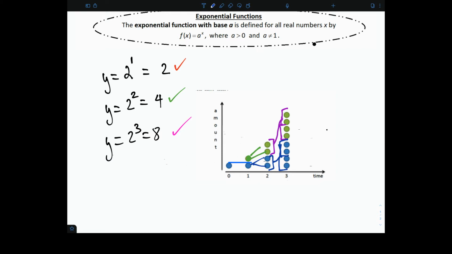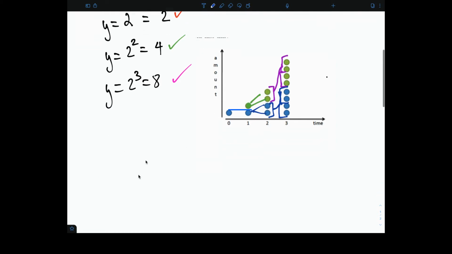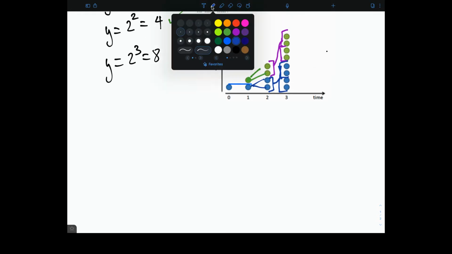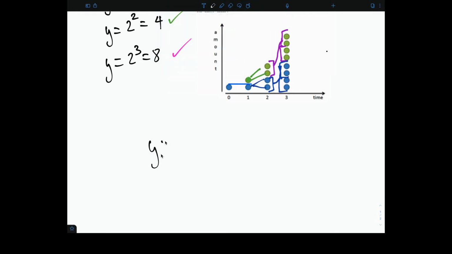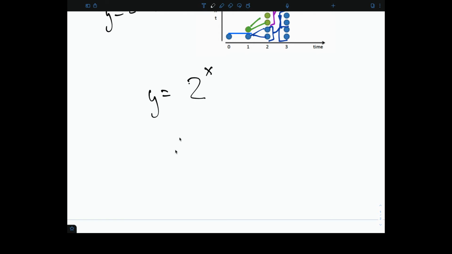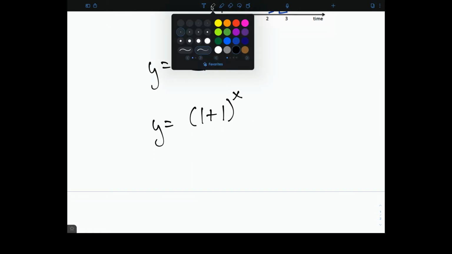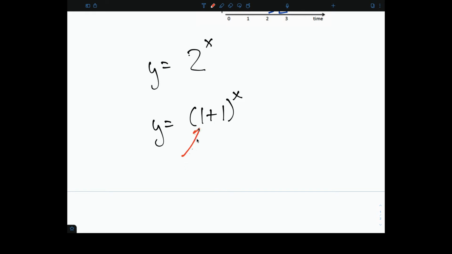But what is actually going on here? So when we say y equals 2 to the x, this is one of the great tricks you can do in math. This is actually the same thing as saying y equals (1 plus 1) to the x, because 2 is 1 plus 1. Why do we want to write it this way? Well, this first one represents the original value.